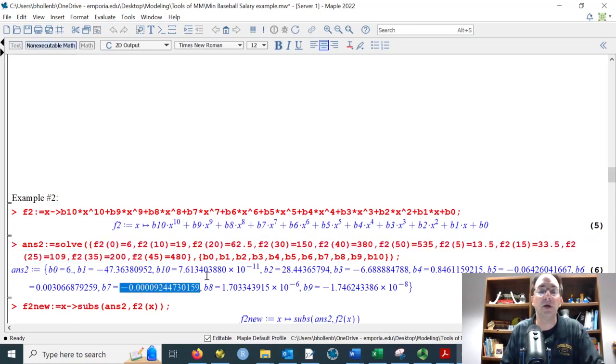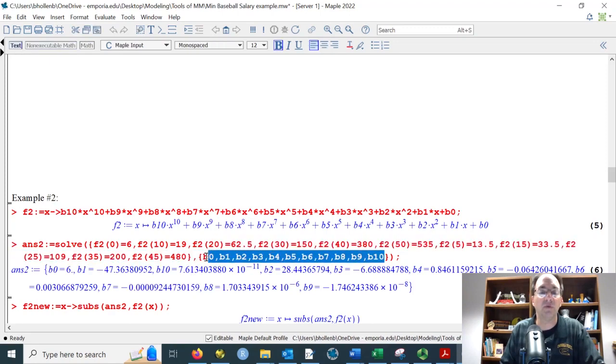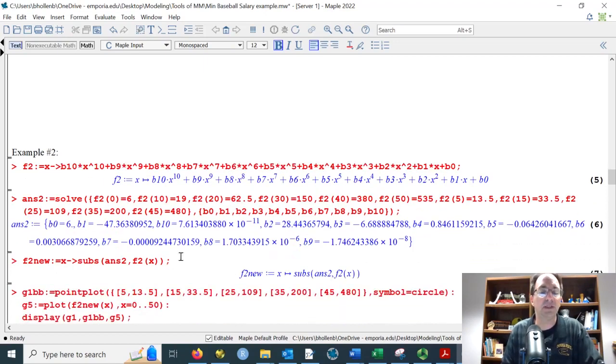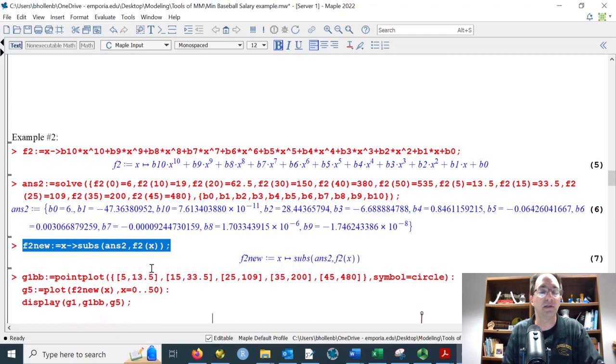And what we're trying to do is find the 11 coefficients that will satisfy those 11 equations. And Maple has found them. If you want to see how long it takes Maple to do it, again, pretty much instantaneous. And then we sub those coefficients back into our polynomial, and then we can plot it and see how it does.